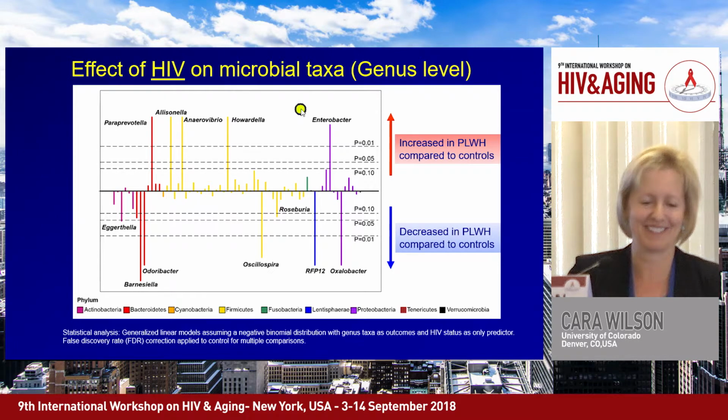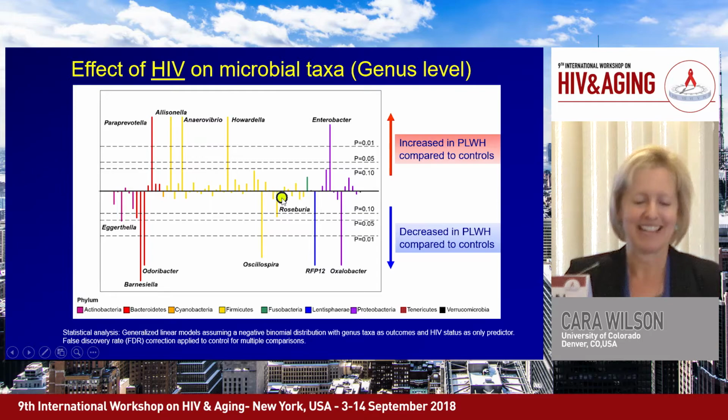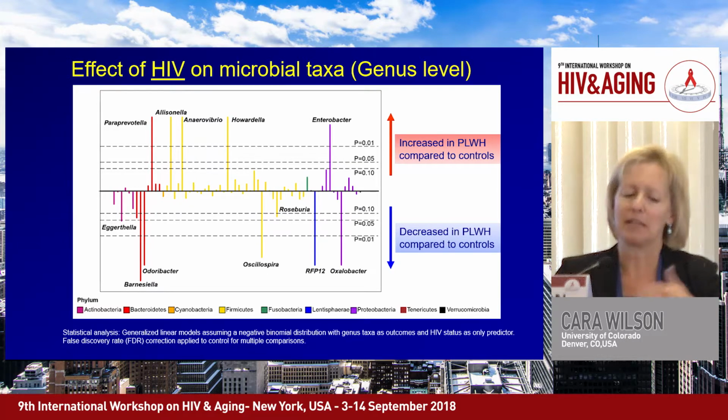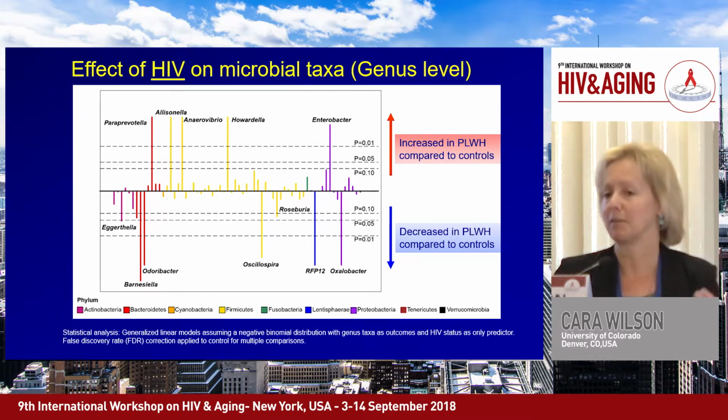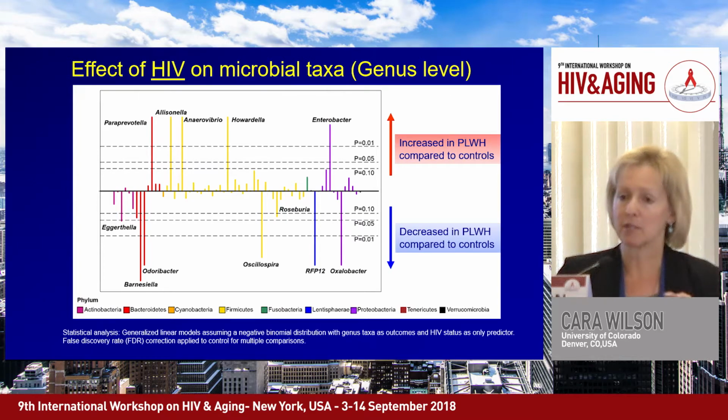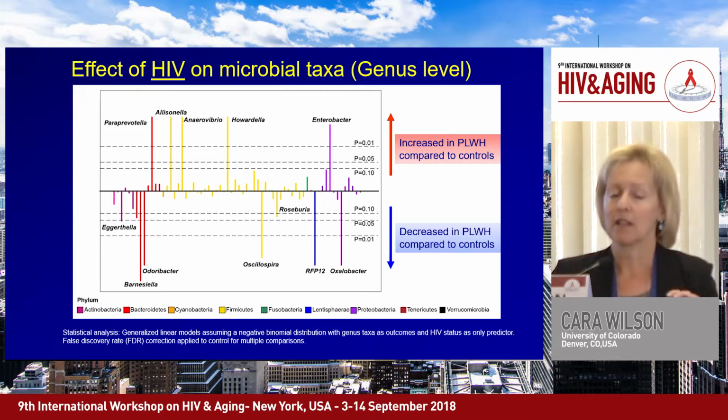Enterobacter went up as a result of HIV infection, and then you can see going down, Roseburia, a short-chain fatty acid producing bacteria, was reduced. Many of the findings here mirror what has been done in other studies, so nothing really surprising, but the important point I think is that in this aging cohort, we do see HIV-related effects.